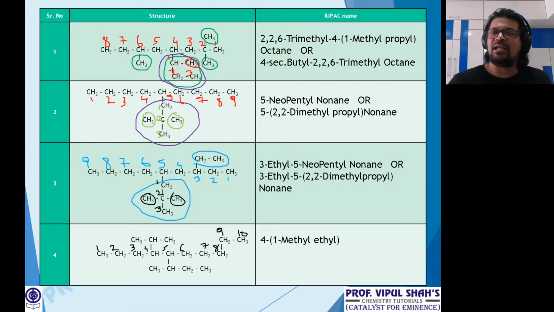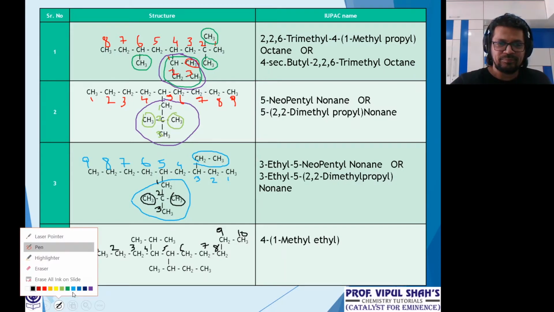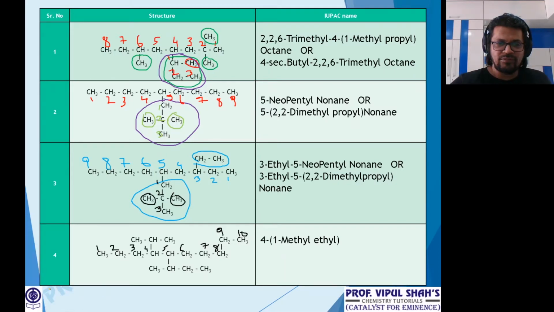So we have 10 carbon atoms now. Now let's see the branches. If you observe, the first branch is here at position 4. From where it is attached, I will number it. So that becomes 4-(1-methyl ethyl). Okay, so that's exactly what is there.